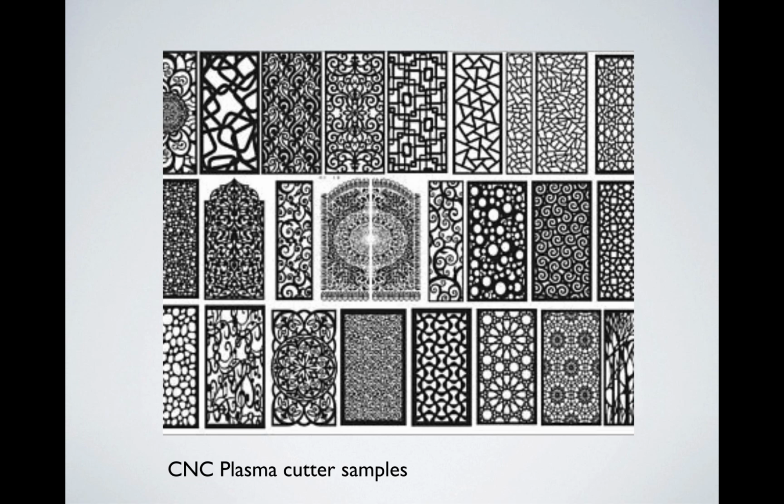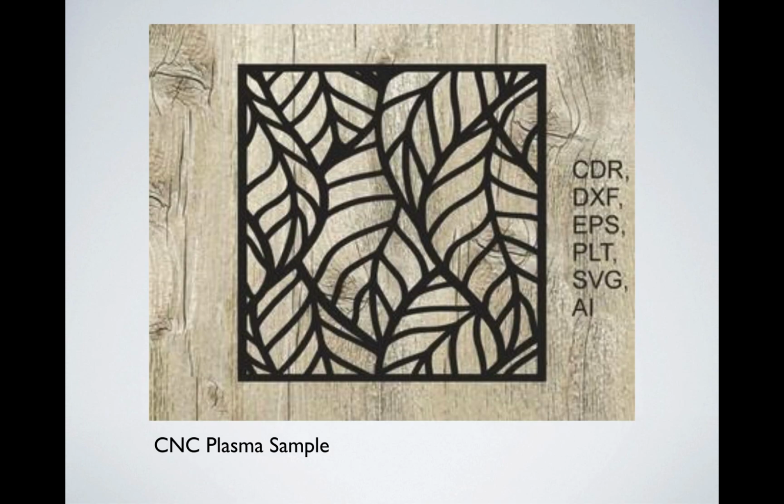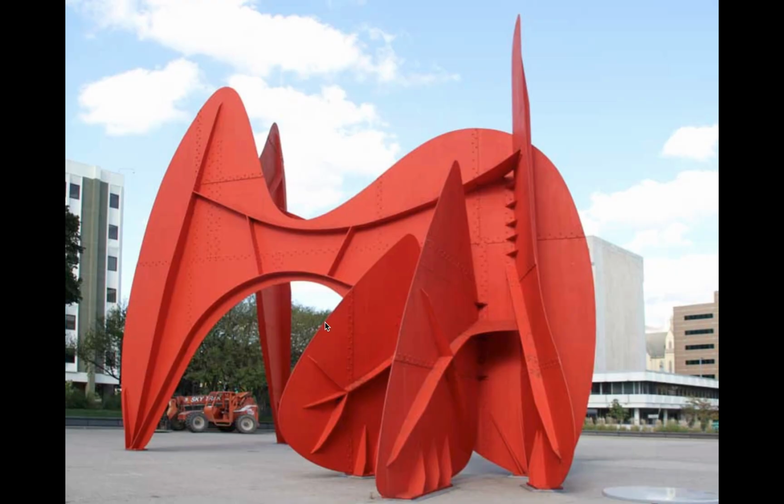The cuts with the CNC plasma are definitely going to be a lot thicker. I'll show you some examples as we get further into the presentation. Here's some up close ones. This one got pretty thin and detailed, but I wouldn't push it any further than something like this.